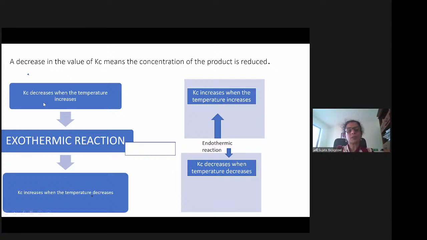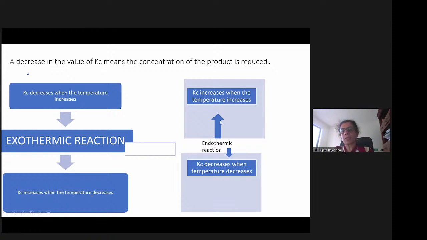So what it says again is, the equilibrium constant will decrease when the temperature increases in an exothermic reaction, and Kc increases when the temperature decreases. In an exothermic reaction, this is happening.